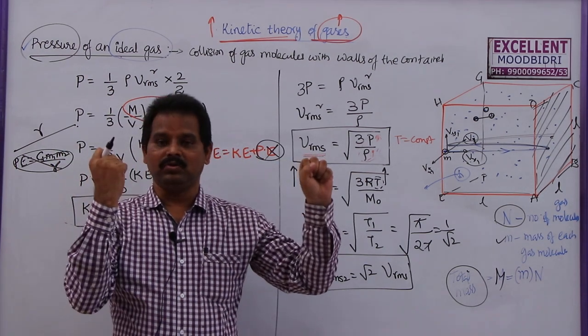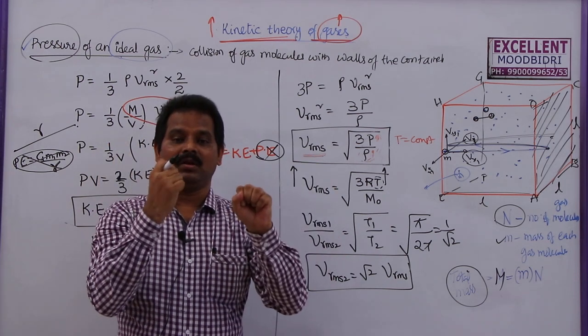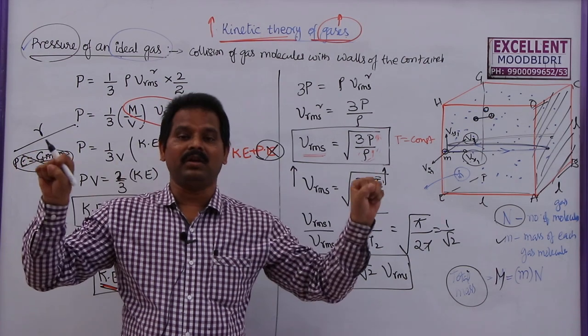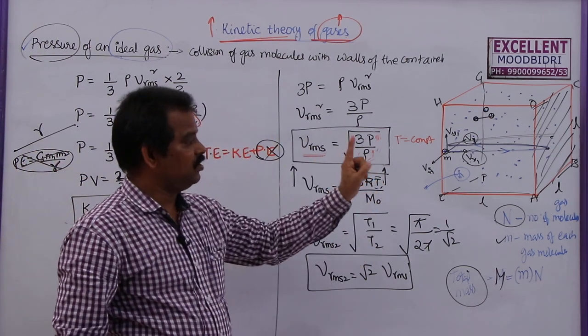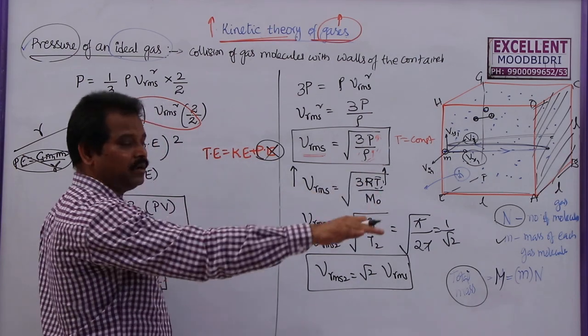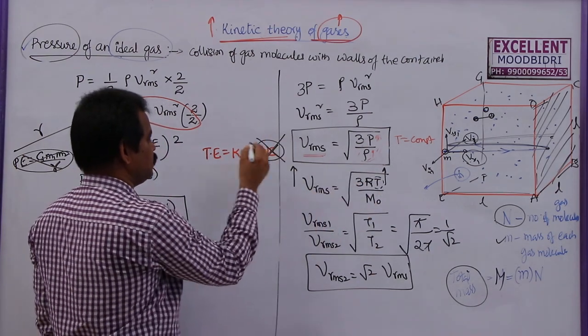Similarly, a positive and a negative charge will attract each other, and two similar charges will repel each other. This is also interaction. But that type of interaction is absent in the case of gas molecules. That's why, whenever there is no interaction energy, the potential energy becomes 0.